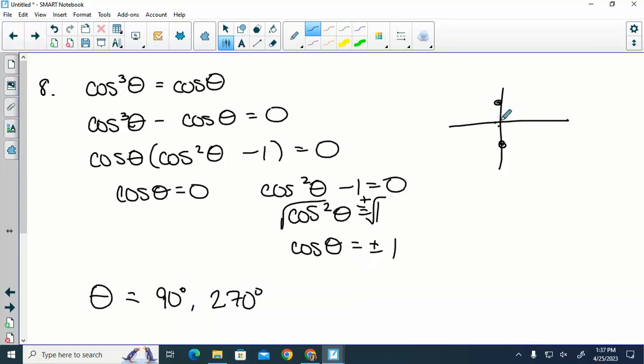Okay, when cosine is positive 1, so when x is 1, that's 0 degrees. And when is x negative 1? Is that okay?